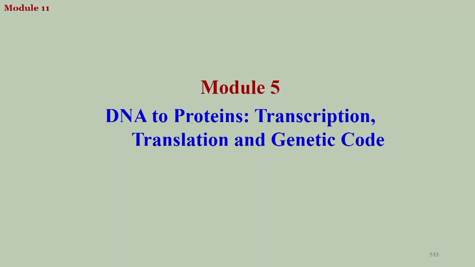Module 5. In module 5, we have seen how the proteins are biosynthesized in cells, and they take the information that is present in DNA, that is present in the gene. That information is used as directions to synthesize the proteins of a particular sequence, and that has two key steps, one is transcription, the other one is translation.